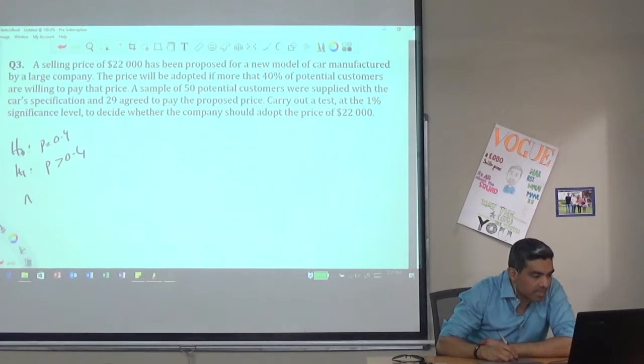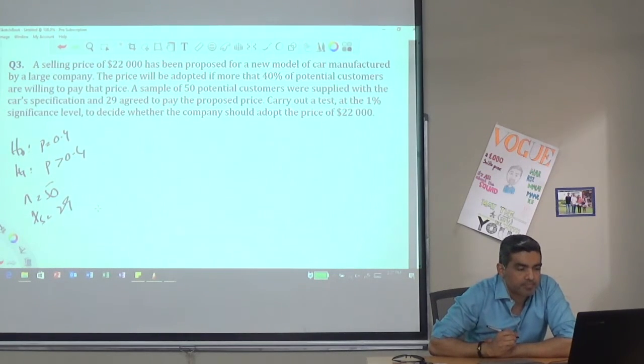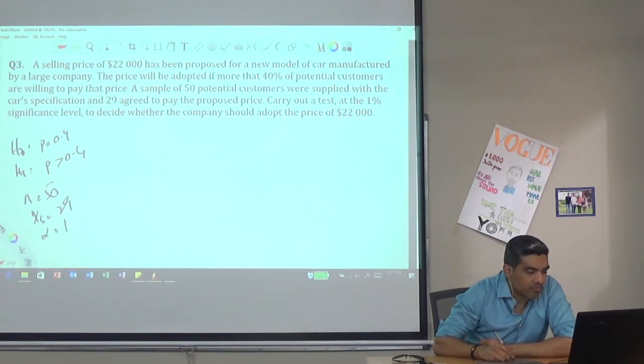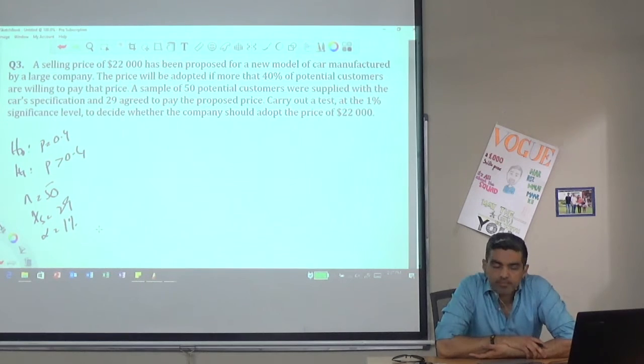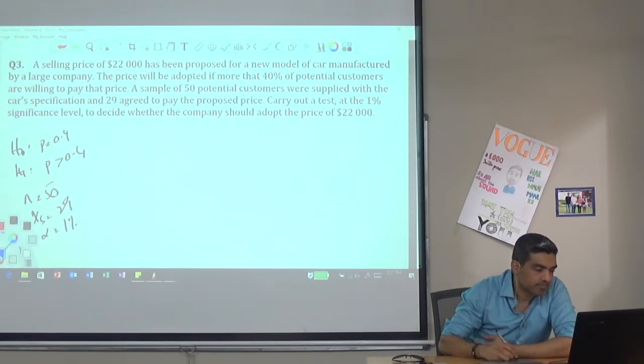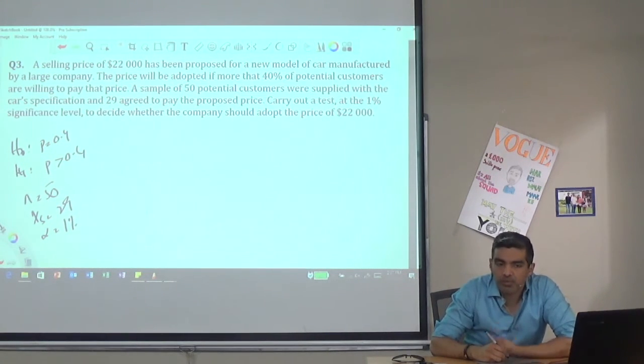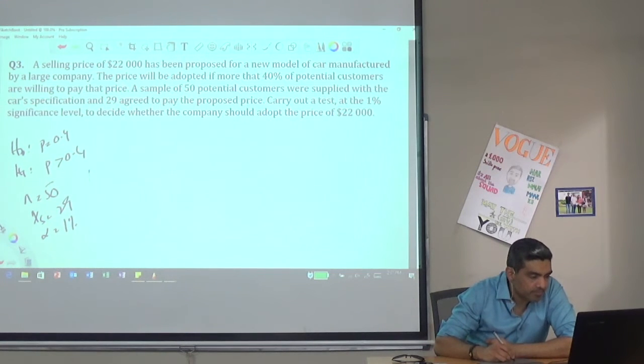They took a sample size of 50 and the X statistic is 29. Alpha is 1%. Sample size is very high, so we need to use normal approximation. What's the mean value? 20.